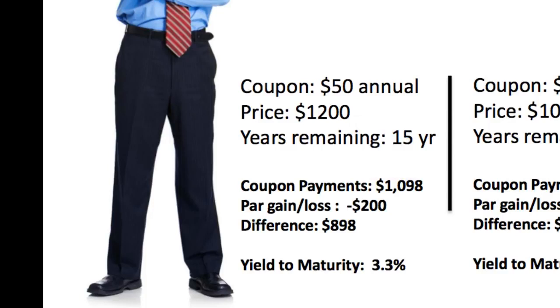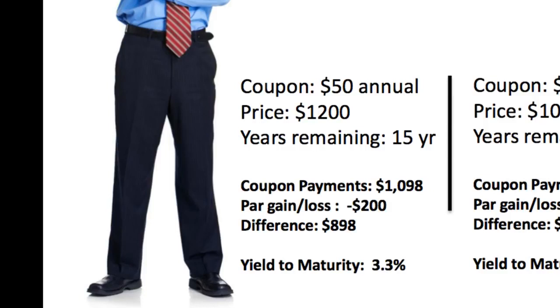Okay, so as we look down, the coupon payments that he's going to receive over the next 15 years amount to $1,098. Now we're assuming that he's reinvesting each coupon at 5%. So that's why you have kind of an odd number there. The par gain and loss, he's going to lose $200 on the fact that he paid a premium for the bond, and whenever it matures, he's only going to get $1,000.